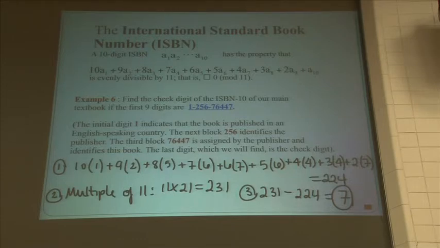Questions on ISBN? I want to know what did you do, like 10 times 1 last time? Okay. I know that you use the numbers up there, but what did you do for 1 to go? All right. So you get the 10 and the 9 and the 8, 7, 6, 5, 4, 3, 2.